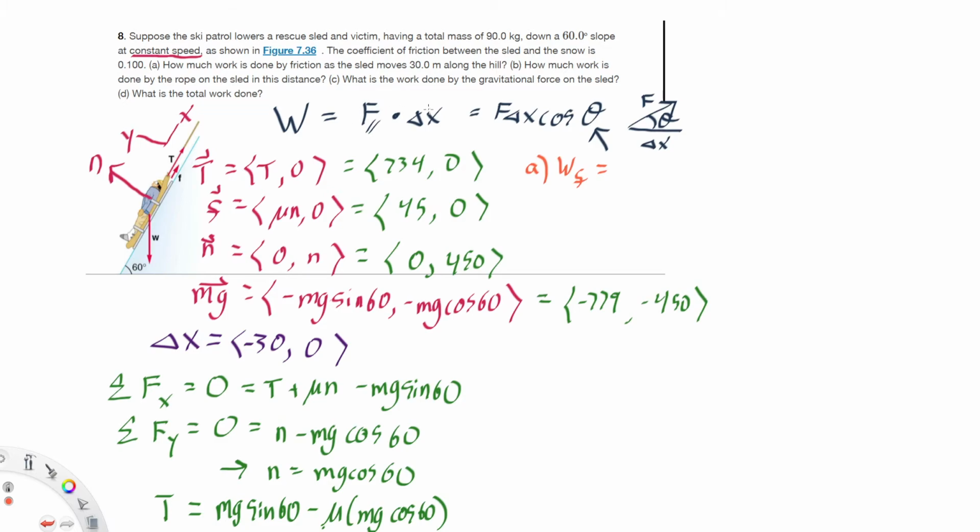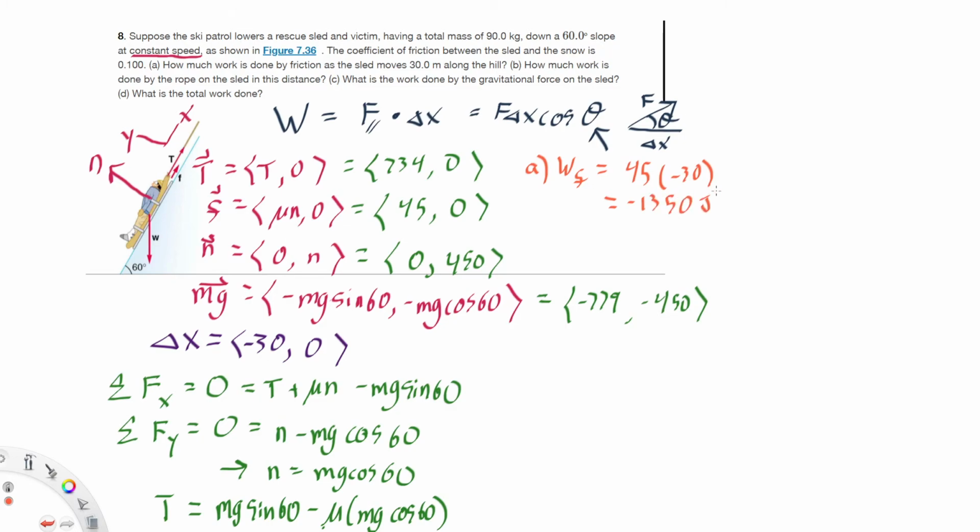They're all going to be force times parallel part of the force times the displacement. So the x part of friction is going to be 45, and delta x is minus 30. So we get negative 1350 joules.